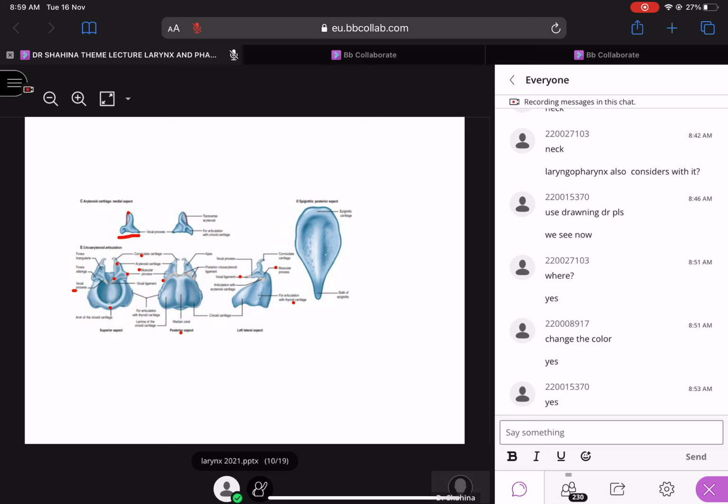Now I will talk a little about the epiglottis. This is like a leaf-shaped or tongue-shaped cartilage. This is an elastic cartilage, and the others are mostly the hyaline type of cartilage. If it is hyaline cartilage, it may undergo ossification.